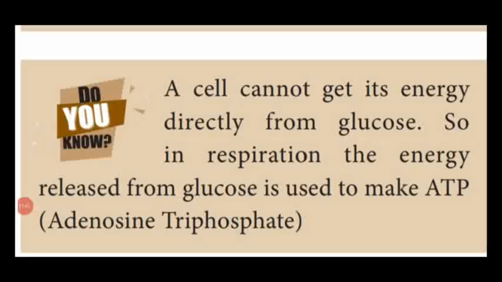Dear students, see the do you know paragraph. The energy which is produced in the photosynthetic process is the glucose. That is the chemical energy. So this glucose cannot be used directly by the cell or tissues, so the energy is released in the form of ATP, that is adenosine triphosphate.